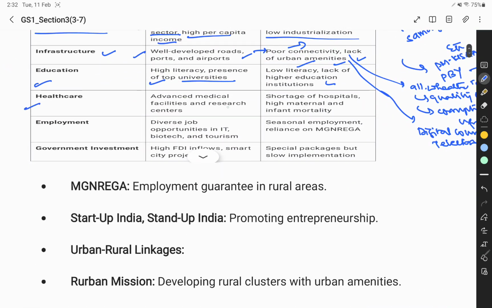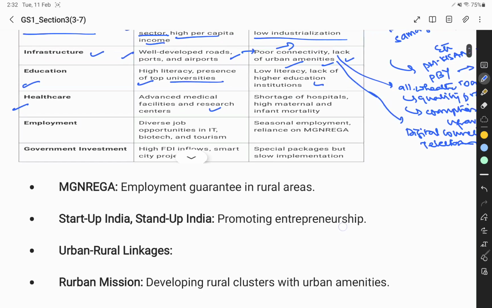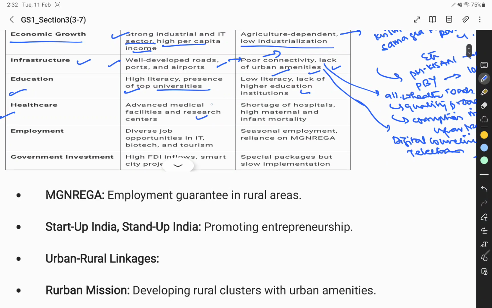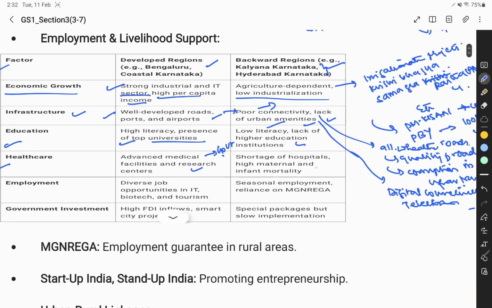Then under healthcare, urban areas have advanced medical facilities and research centers, and almost all the districts have government medical colleges. On the other hand, backward regions have a shortage of hospitals and high maternal and infant mortality rates.